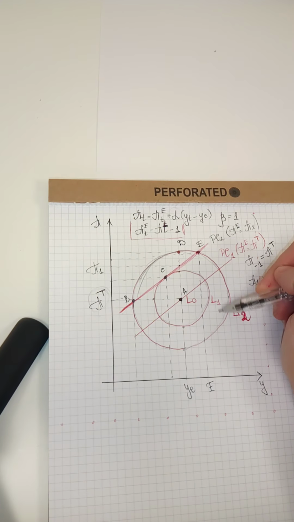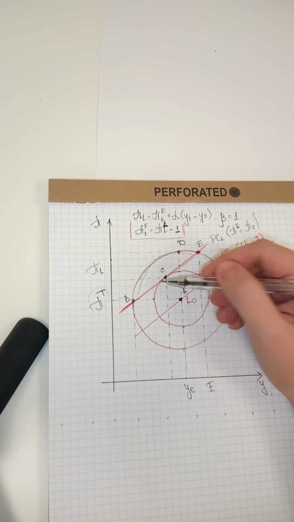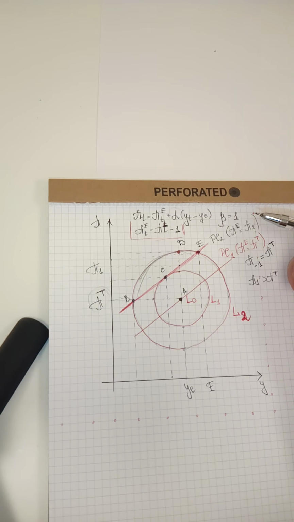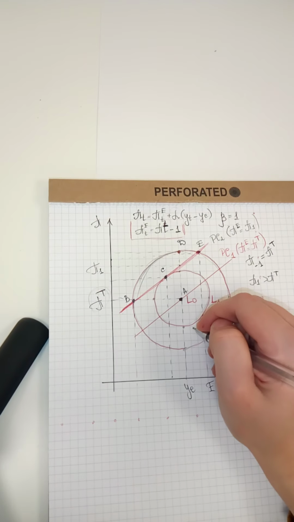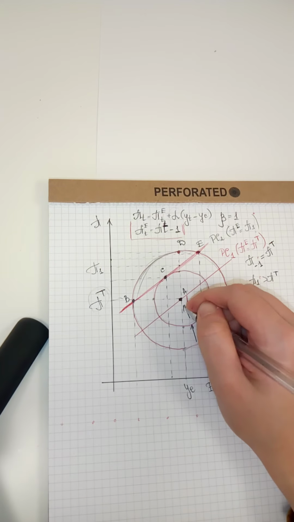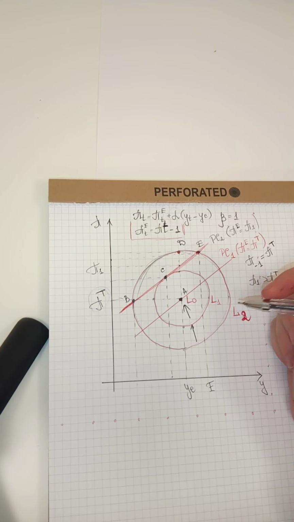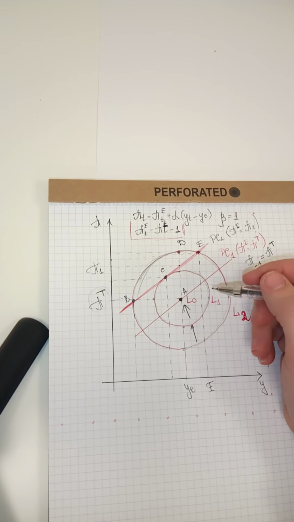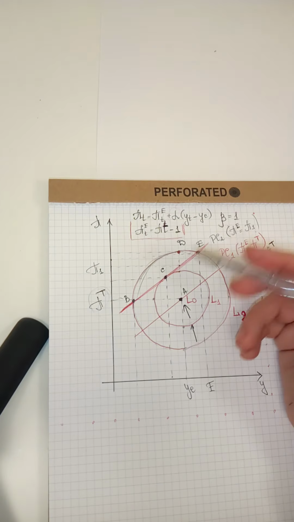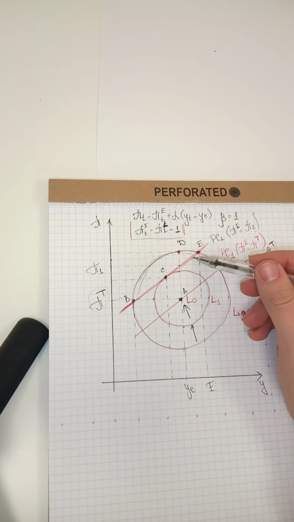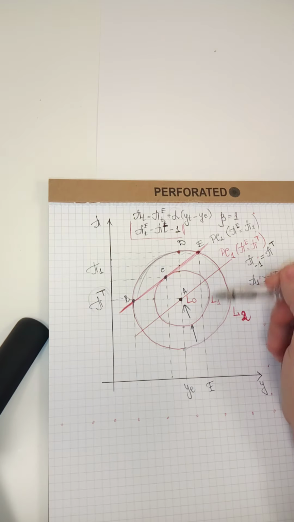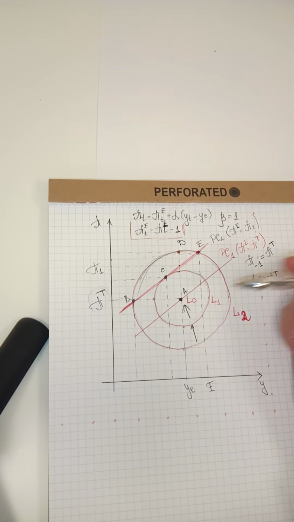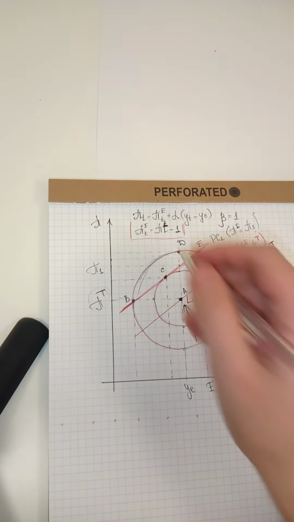So out of those three available points, central bank has to choose such a point which would minimize losses. And as I mentioned before, losses decrease when you move from outer circle to inner circle. So if the central bank has to choose between being located on L2 and being located on L1, central bank will definitely prefer L1.